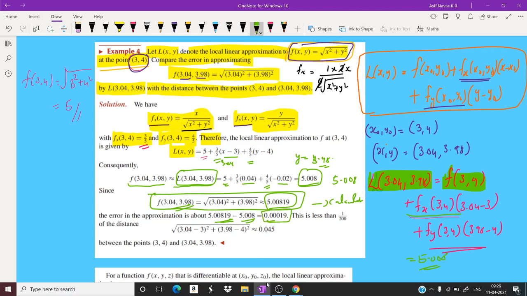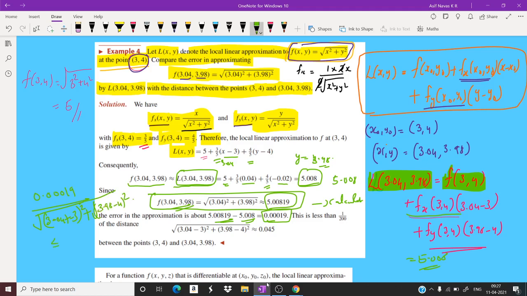Now, if you got the error, then we take error divided by the distance. 0.0019 divided by the distance, where the distance is square root of (3.04 minus 3) all square plus (3.98 minus 4) all square.